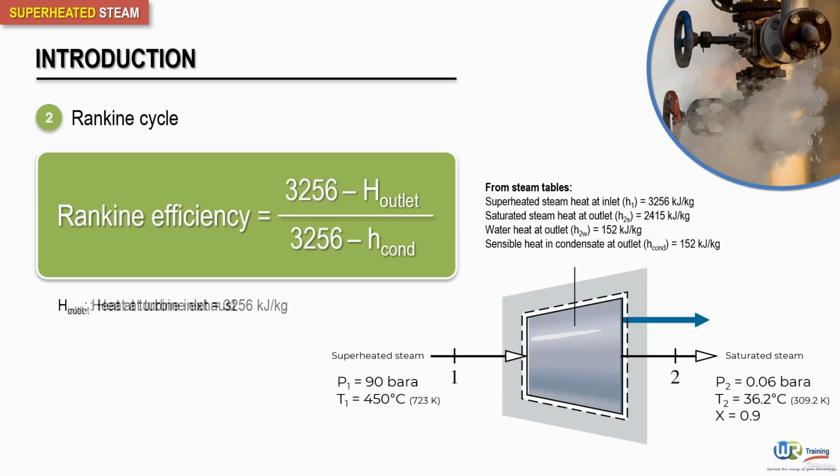H sub outlet equals the heat in steam plus the heat in water, since there is a mixture of saturated steam and condensate. The heat in steam at 0.06 bar absolute is 2415 kJ per kilogram. The heat in water at 0.06 bar absolute is 152 kJ per kilogram, obtained from the steam tables.